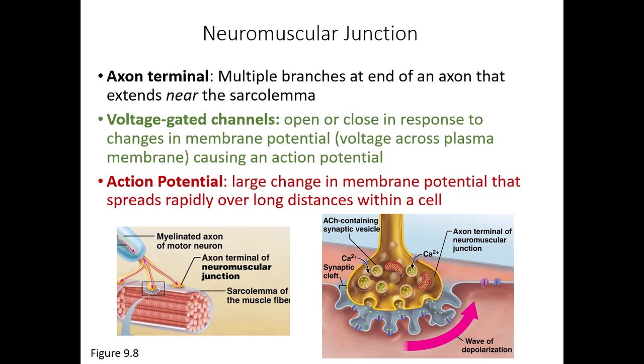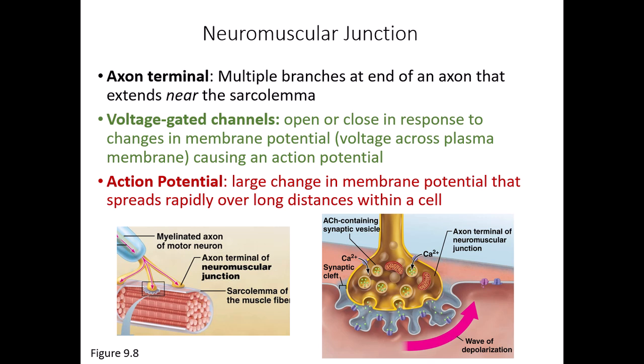All cells have a resting membrane potential, and then we change it through changing the permeability of the membrane, oftentimes through these channels, and that will create a change to the membrane potential, which translates into electrical signals.